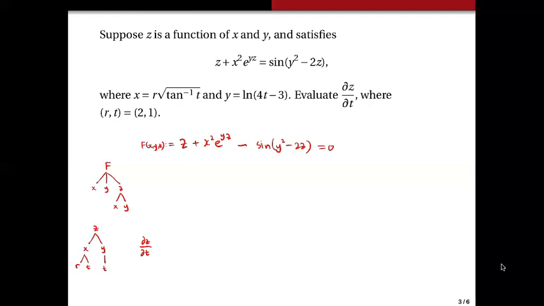And using this path here plus this path here, we will have partial z with respect to x times partial x with respect to t plus partial z with respect to y times partial y with respect to t.